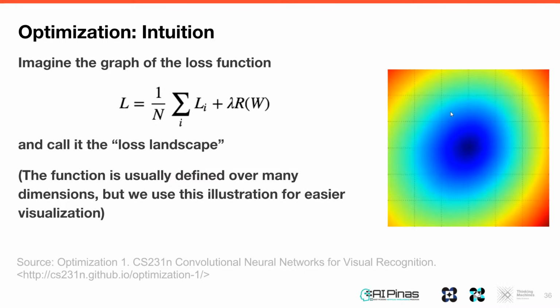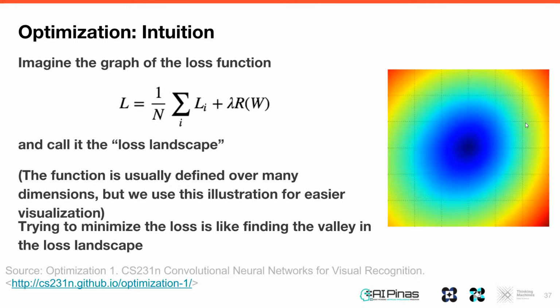Let's use a pretty common illustration for easier visualization. Think of the loss function as something three-dimensional that we are seeing here through an image, where the blue spot here is the valley, or the lowest point of this shape, and these are the highest points. So this is almost like a bowl that you're looking at from the top.